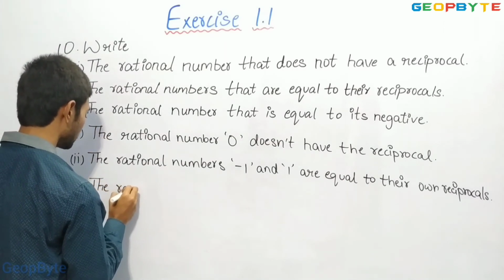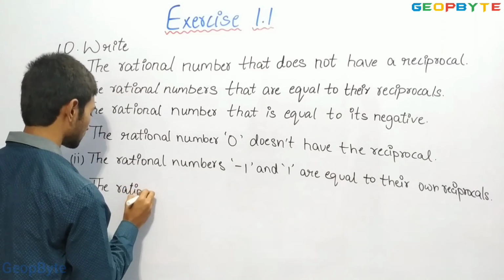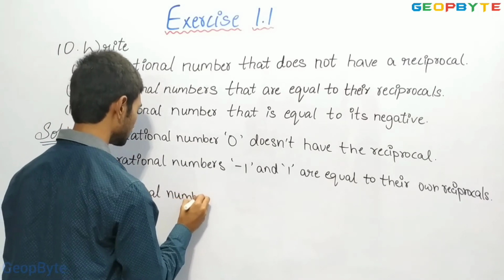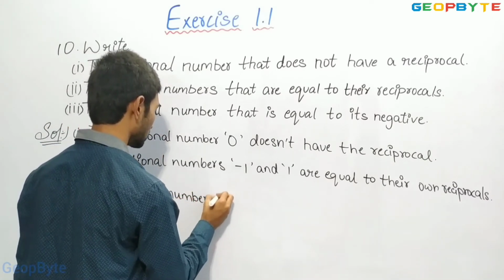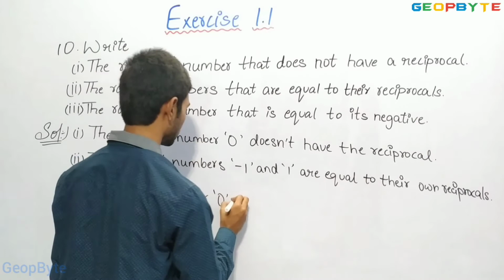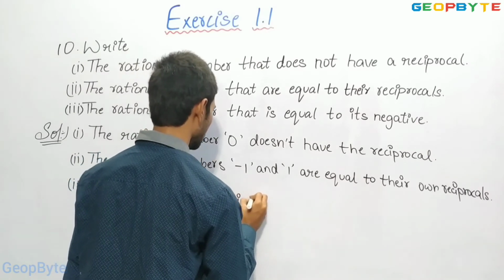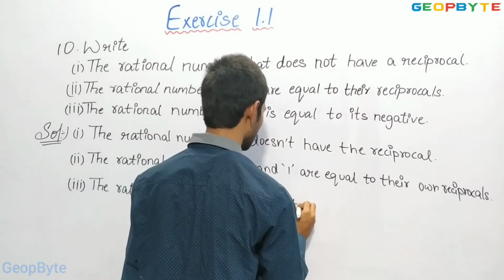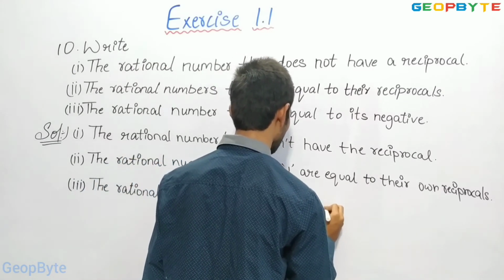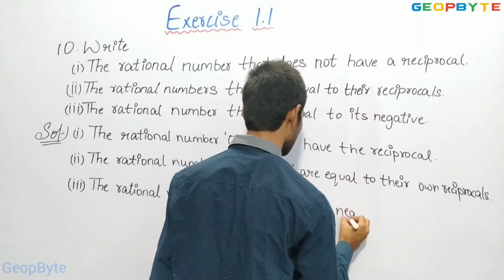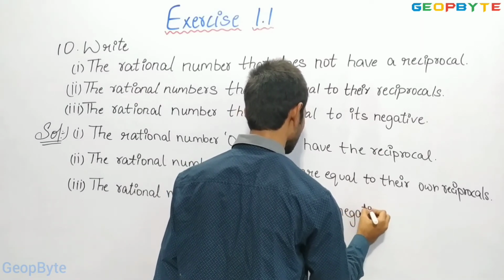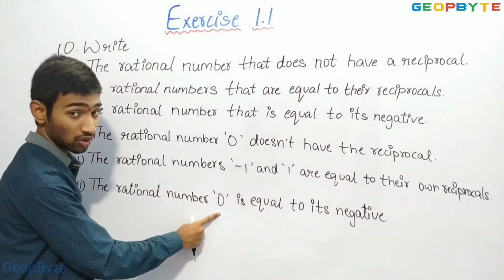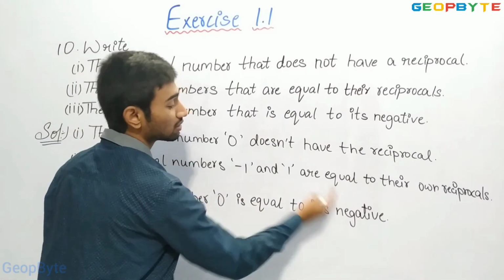The rational number zero is equal to its negative. Therefore, the rational number 0 is equal to its negative.